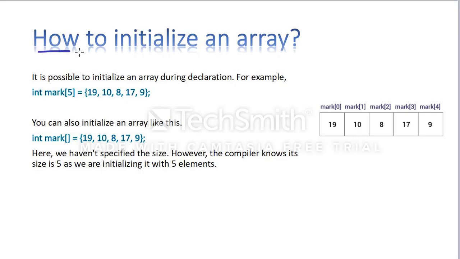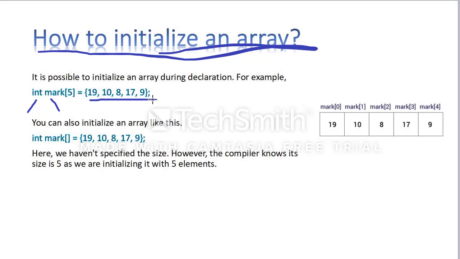Next is how to initialize an array. We already know how to declare an array: first the data type, the name of the array, and the size of the array. If you want to assign elements directly, for example I take the data type float, mark, size 5, you can directly assign when declaring the array, like 19, 10, 8, 17, and 9, using curly braces.